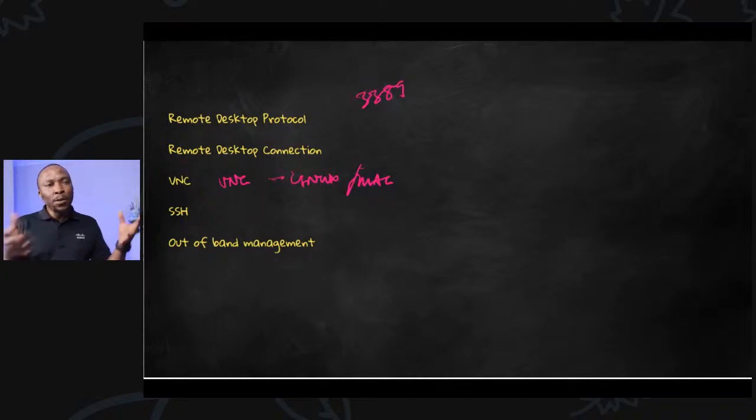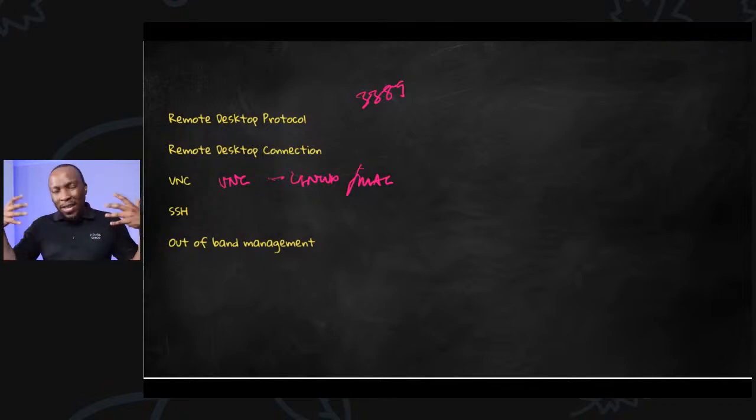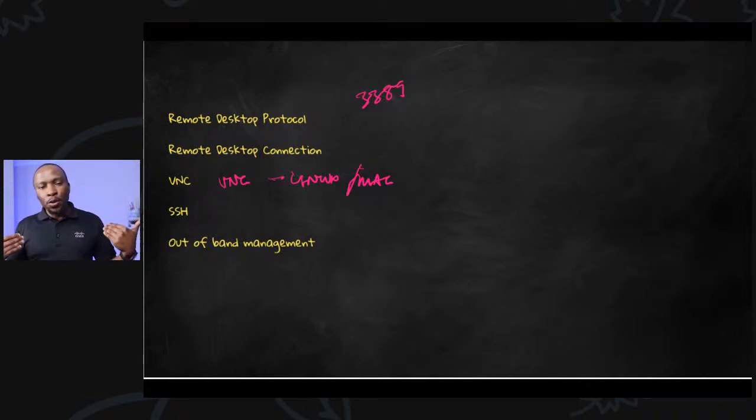So VNC is equivalent to what RDP does, but in a Linux and Mac environment. The whole objective is to give you remote access into your servers. So when we manage servers, we remotely connect to them. I might be sitting at home and we're sitting in the office, but I remotely connect onto the server so that I can then make the necessary configurations.